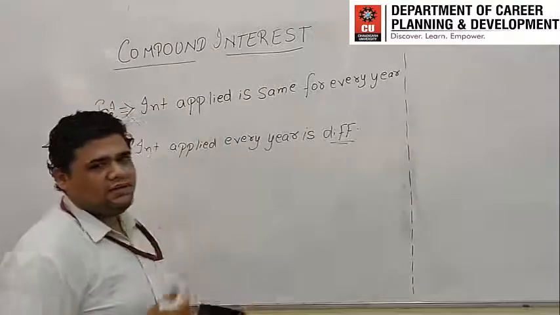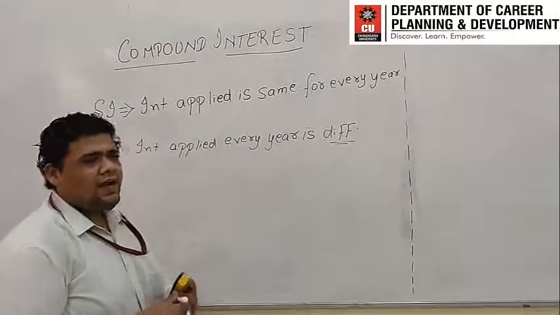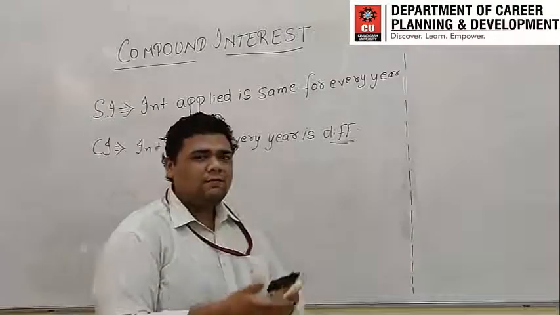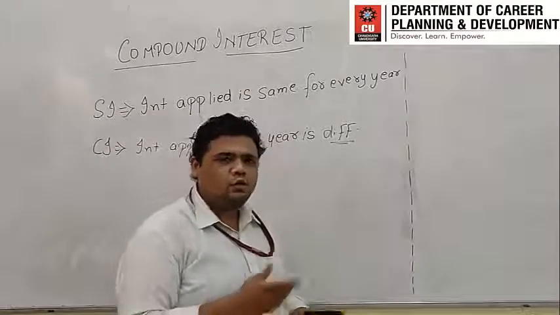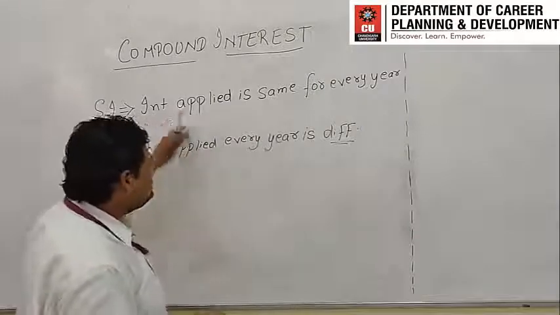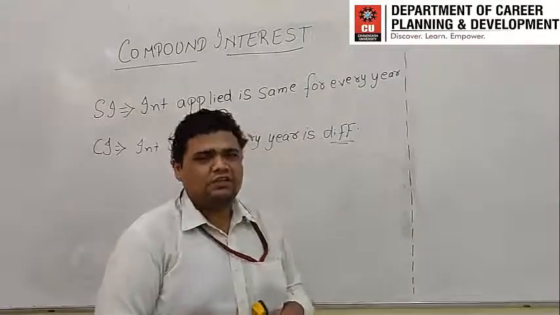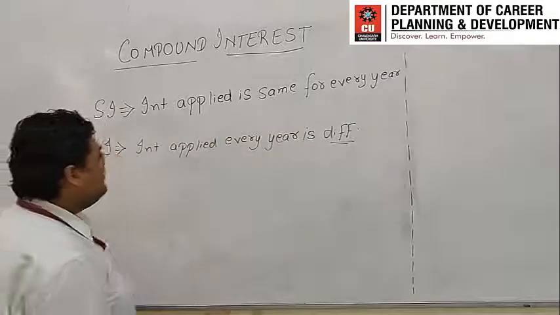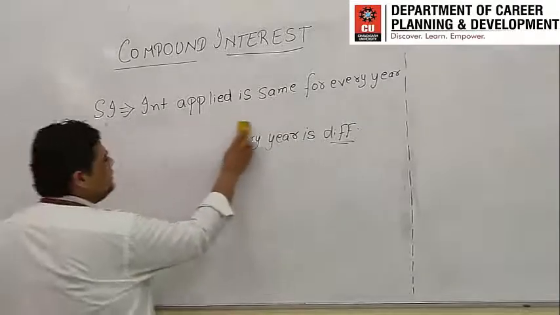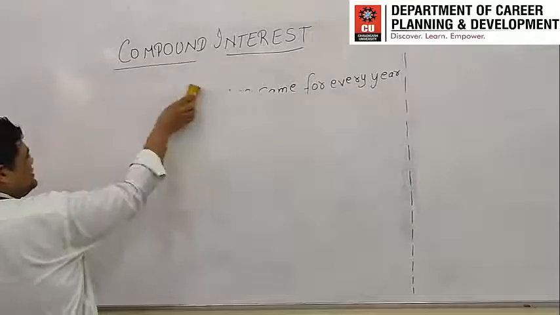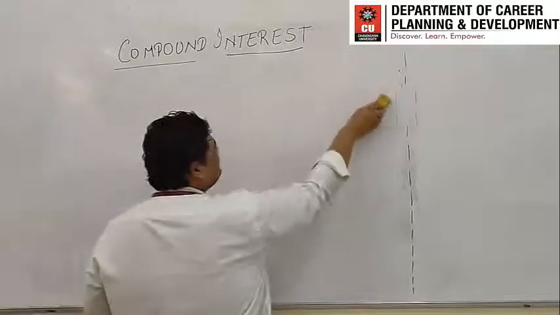This we will learn in our chapter, compound interest, and how to calculate the different type of interest for every year, what is the difference between simple interest and compound interest, and how to solve all these types of questions. We will see in our video. Okay. So first of all, let us see what is the difference and how this difference came.